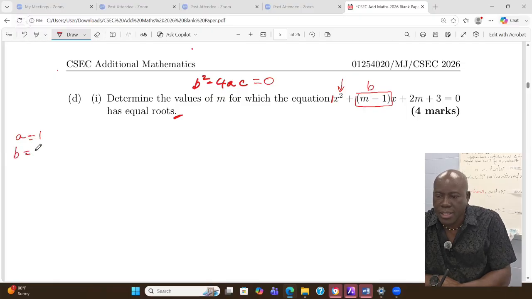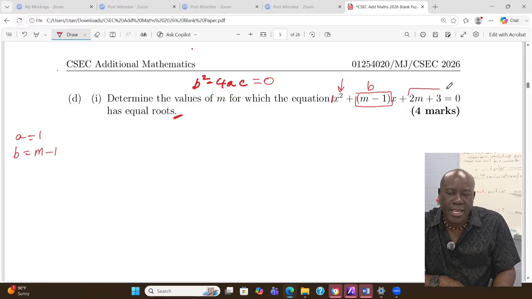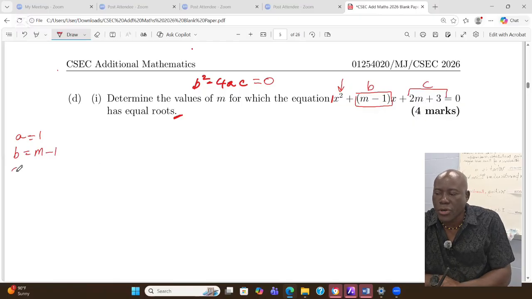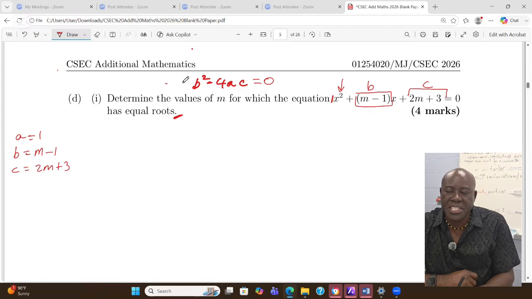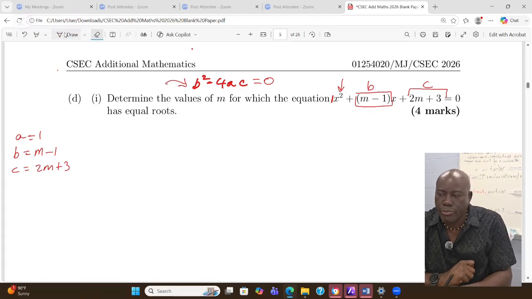So B is m minus 1. And my C value would be 2m plus 3. Now we're going to substitute A, B, and C here, and let it equal to 0.